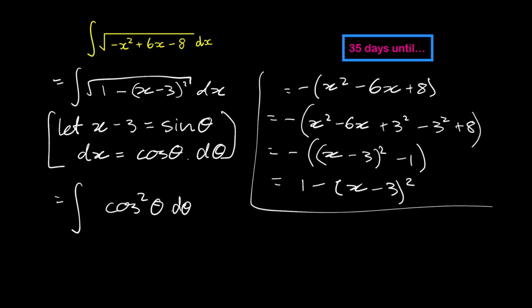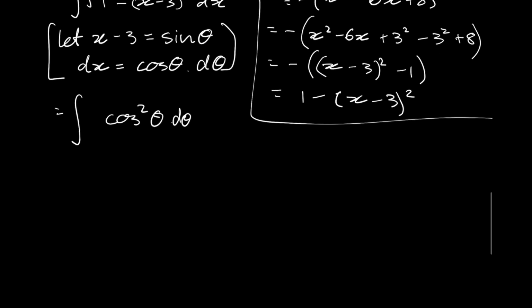So simply by substituting in sine of theta for x minus 3, and then doing the same for dx when we derived x in terms of theta, we simplify this integral in terms of theta to be the integral of cosine squared of theta. Okay, now we know from the identity that says that cosine of 2 theta is equal to 2 cosine squared of theta minus 1.